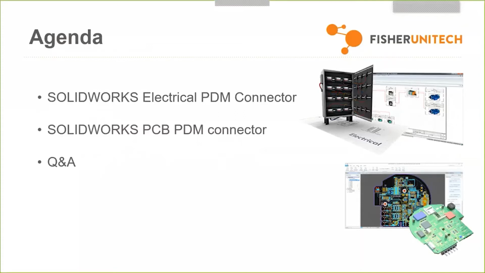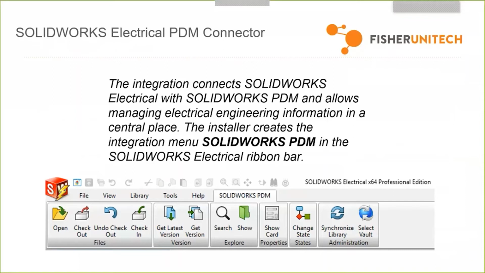Then we're going to cover both connectors, how they're installed, what they look like, the functionality, and then we'll have a Q&A at the end. We might run over, but you'll have my contact information so we can continue the discussions at a later date if need be. So we're going to start with the electrical PDM connector.